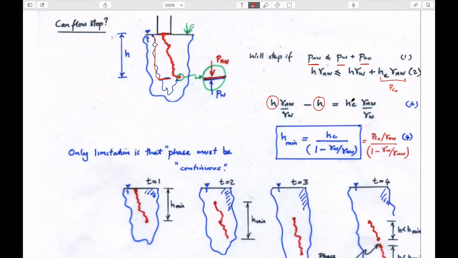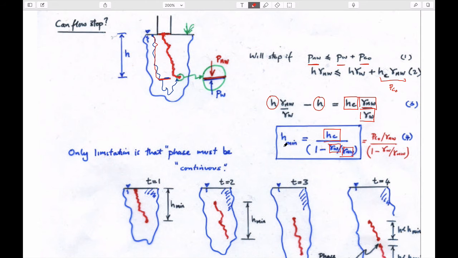Let me draw a square around it. This is a material property of the porous medium. This is a material property of the non-wetting fluid. And this is a material property of the water. So you see material property, material property, material property, and it defines a parameter.